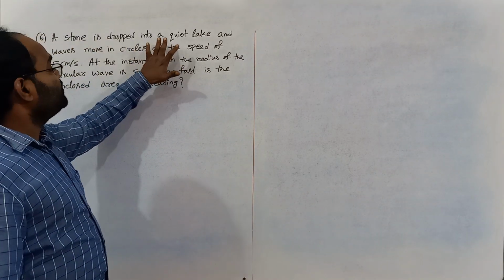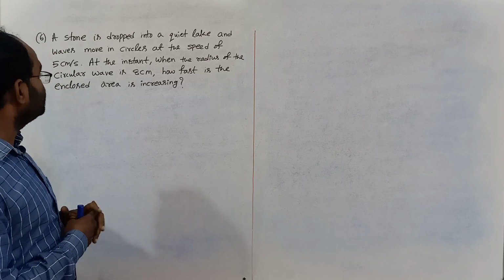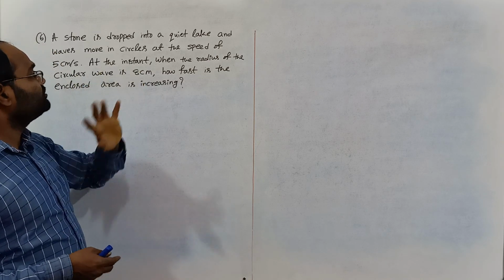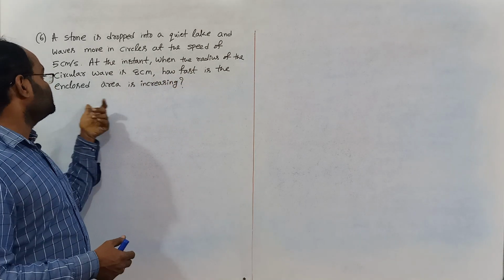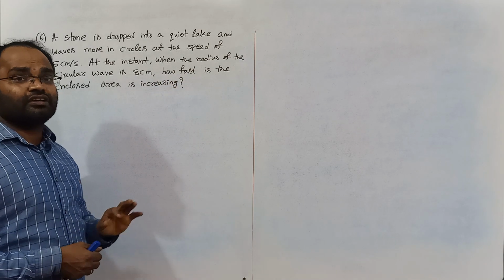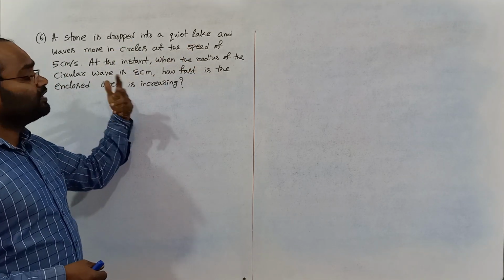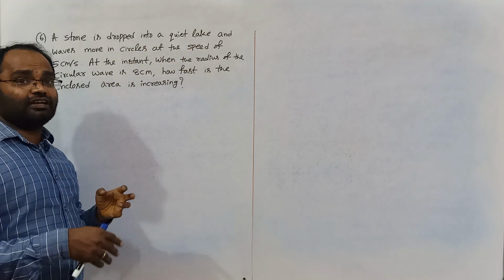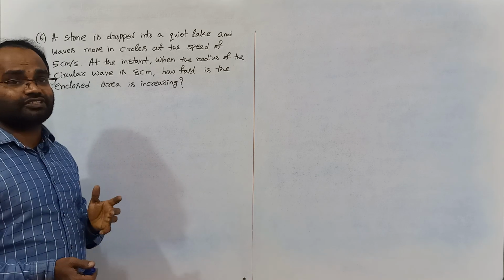A stone is dropped into a quiet lake and waves move in circles at the speed of 5 centimeter per second. At the instant when the radius of the circular wave is 8 centimeter, how fast is the enclosed area increasing? Very simple. The speed of the circular wave increasing is nothing but the radius changing.